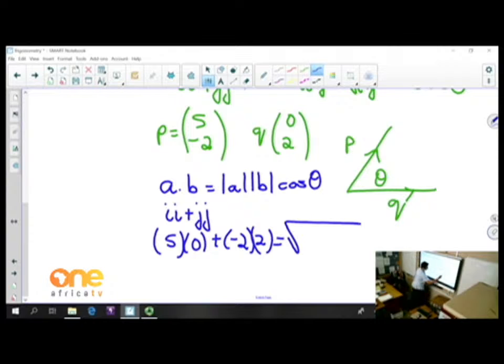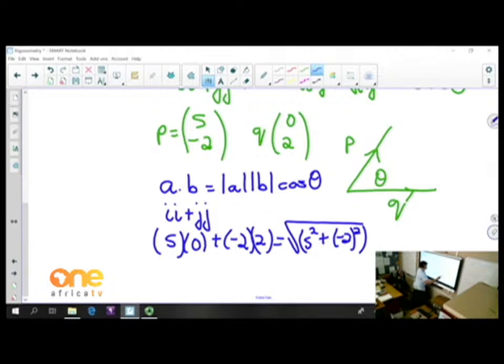Then we have the magnitude of A, which means this is now only, in this case, going to be B, the magnitude of this vector, which is then 5 squared plus negative 2 squared. Make sure that you use your signs correctly.